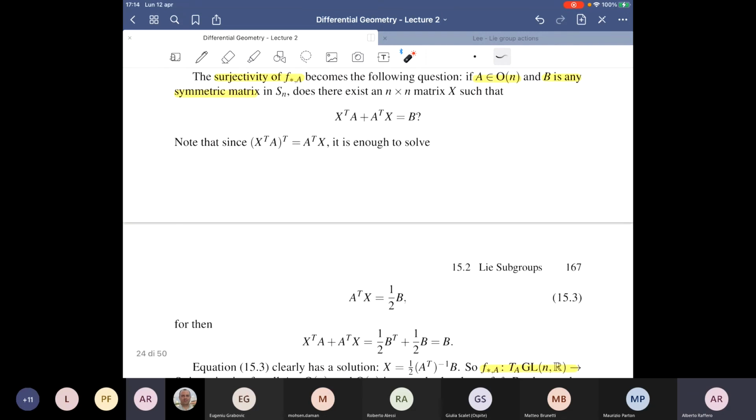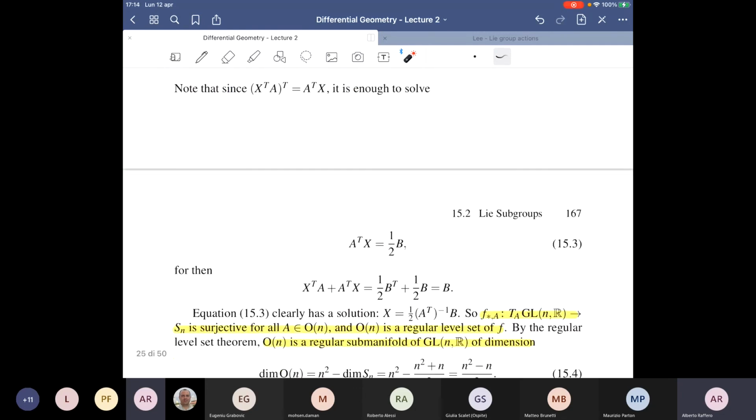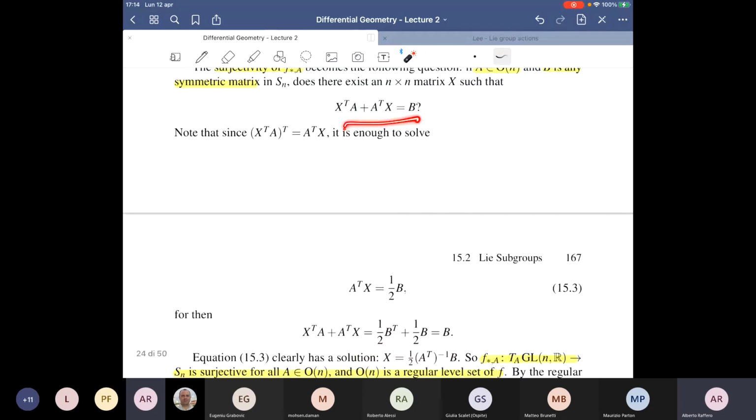As an observation, if you consider the first summand and take its transpose, you get the second summand, and so it is enough to solve this equation instead of the original one, because a solution of this equation will give you a solution of the original equation we were considering.